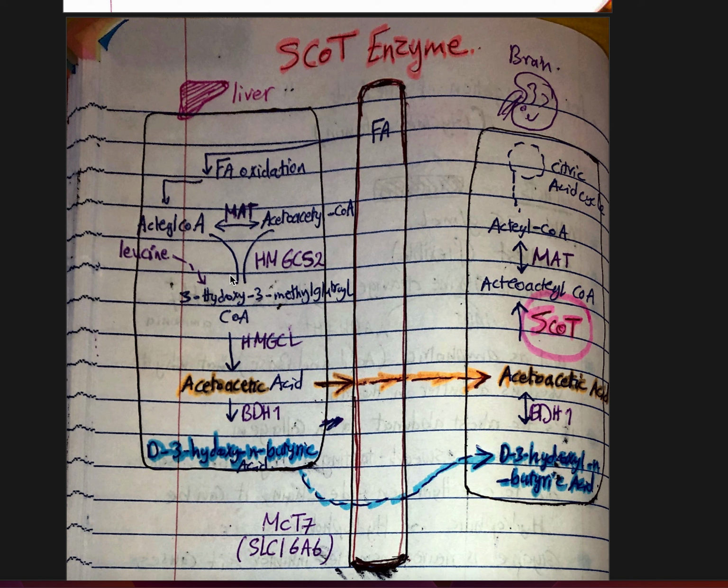It will be explained more in another resource. The enzyme is called 3-hydroxy 3-methyl glutaryl synthase, which leads to the formation of 3-hydroxy 3-methyl glutaryl, and then by HMG-CoA lyase that leads to acetoacetic acid, which is the first ketone body.